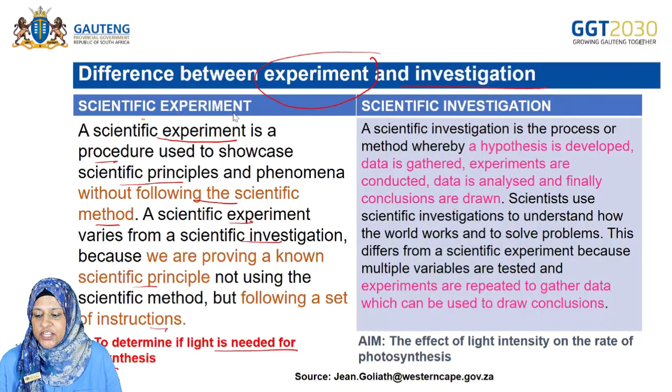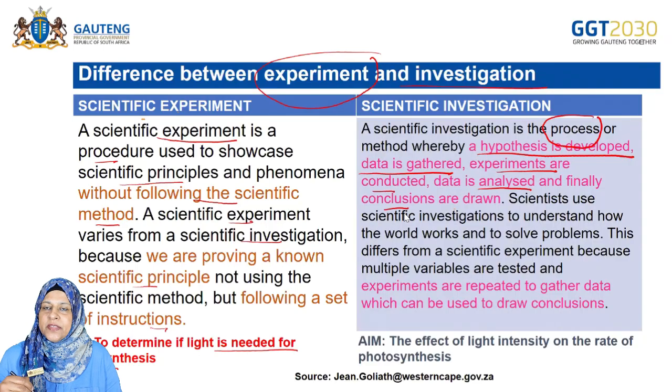But an investigation is a process, not just a procedure. It's a process whereby a hypothesis is developed, data is gathered, many experiments are conducted, data is analyzed, and conclusions are drawn.